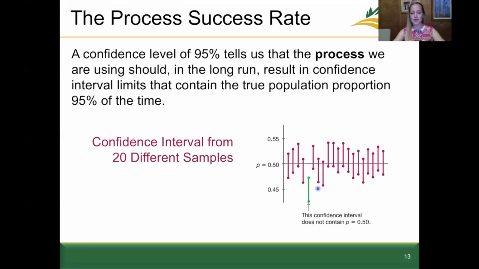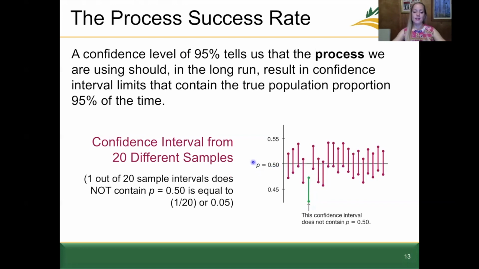The fifth sample here that we collected, it does not contain the true population proportion. That's only one of the 20 that doesn't contain our true population proportion. So if we calculate that, 1 out of 20, that's where 0.05 comes in. 1 minus 0.05 is 0.95.